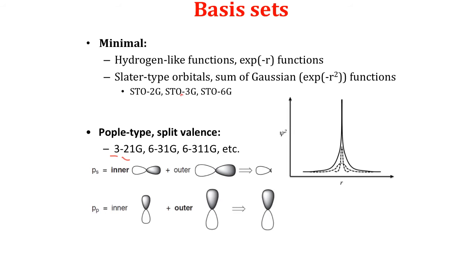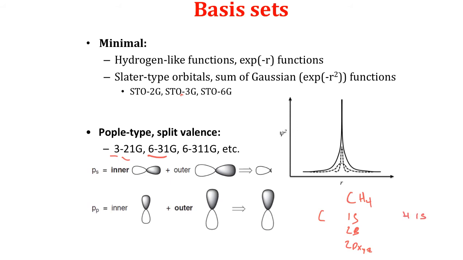So let's look at a 6-31G basis set for CH4 and how this might compare. For CH4, I still need my 9 orbitals. For carbon, I still need my 1s, my 2s, my 2p x, y, z orbitals. And then for hydrogen, I still just need the 1s.